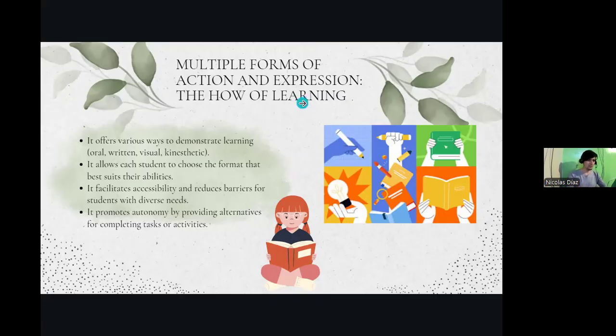We also support those with specific difficulties, allowing them to demonstrate their understanding in a fair and accessible way. In short, this principle aims to ensure each student can express themselves in the way that best suits their abilities, making English language learning a more flexible, inclusive, and equitable process.